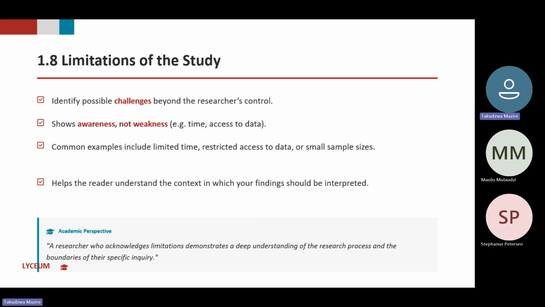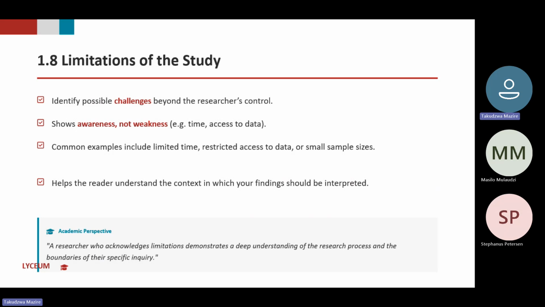Let's say you are not in the capacity of doing a countrywide research, or you don't have the money to go to Limpopo to do field research, and you opt for desktop research. You should mention that. Or maybe you don't have money to go to Zimbabwe and you want to do comparative studies. You can mention that.